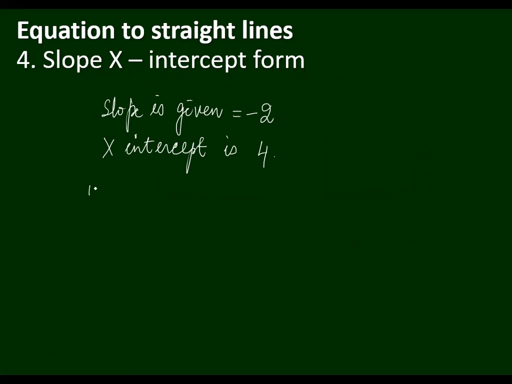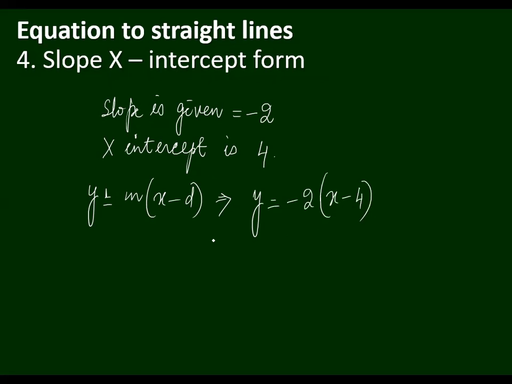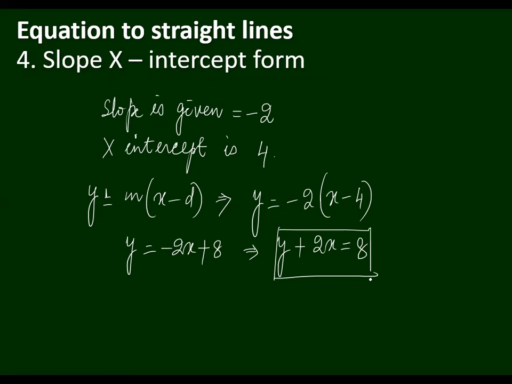Then the equation will be y is equal to m into x minus d, or y is equal to -2 into x minus 4. Simplify: y is equal to -2x plus 8, or in general form I'll write y plus 2x is equal to 8. So this is the equation.